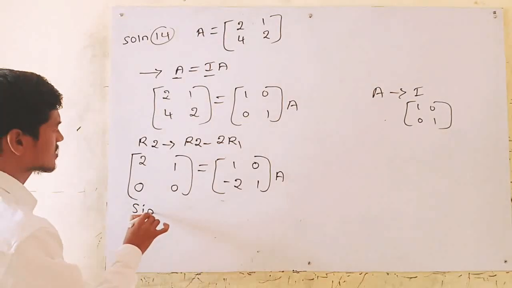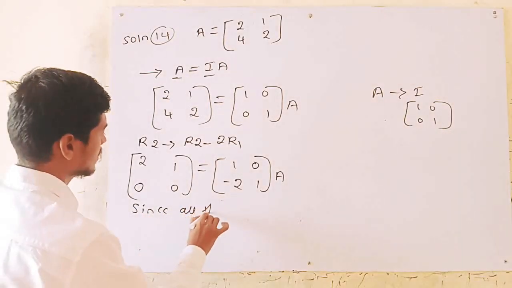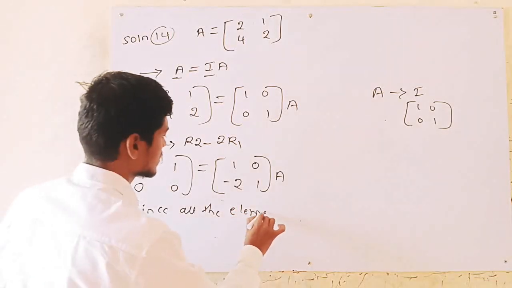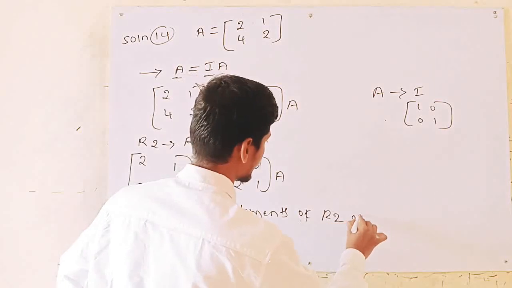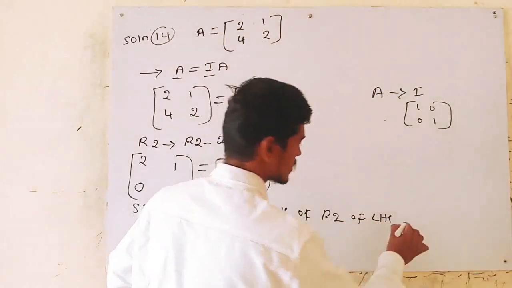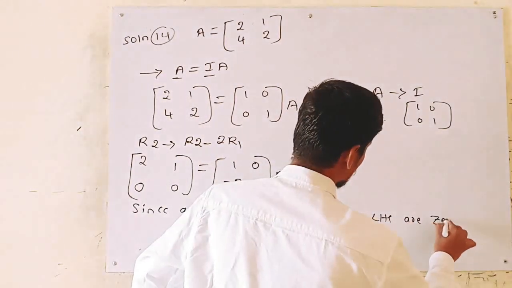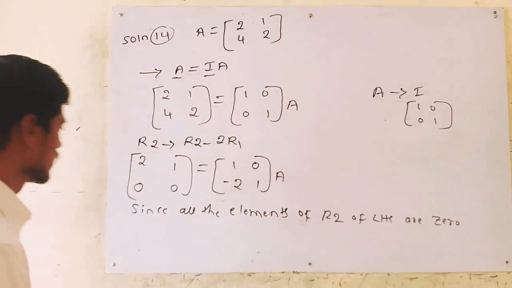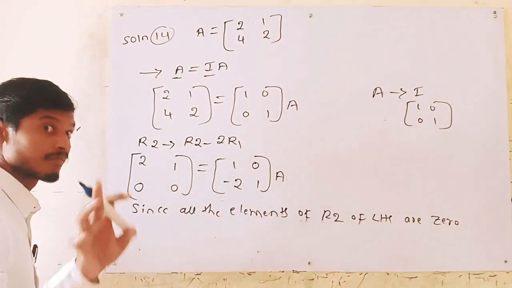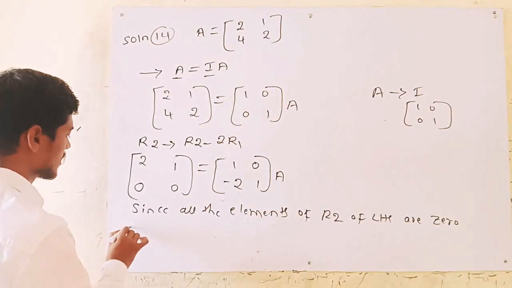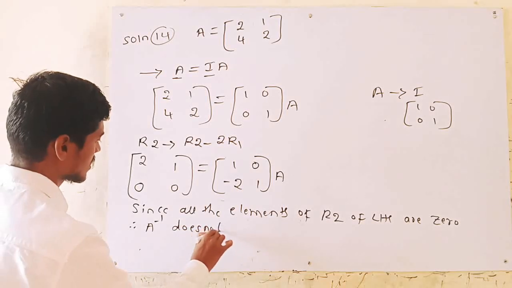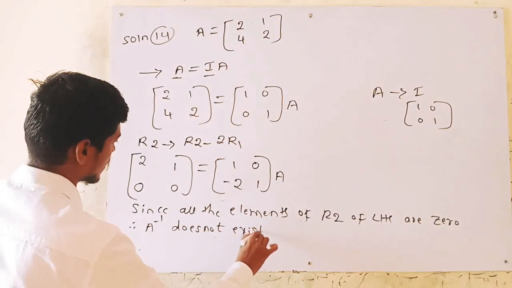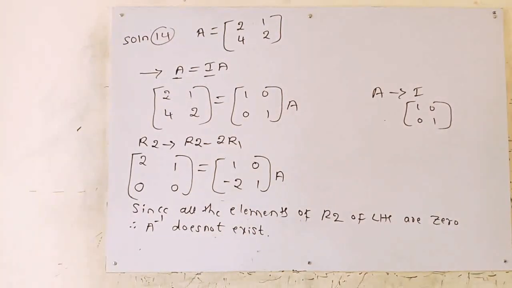So since all the elements of row 2 of the LHS are 0, A inverse does not exist. So this is for the 14th one.